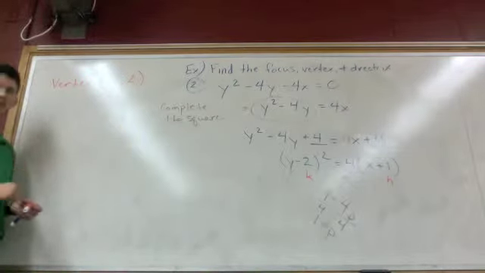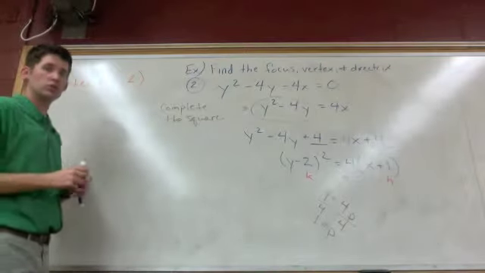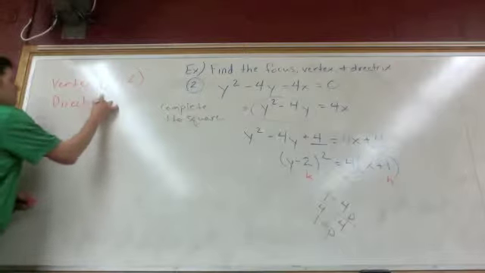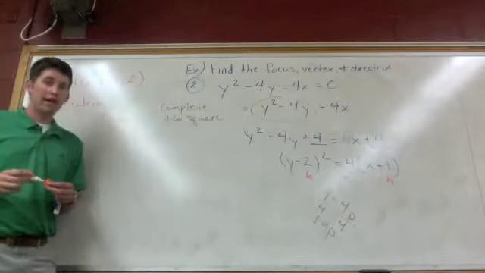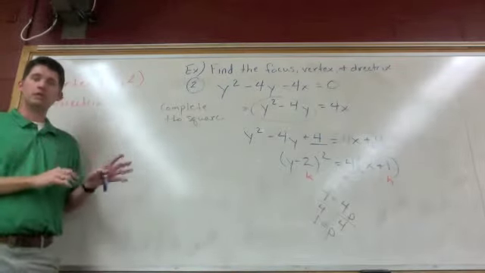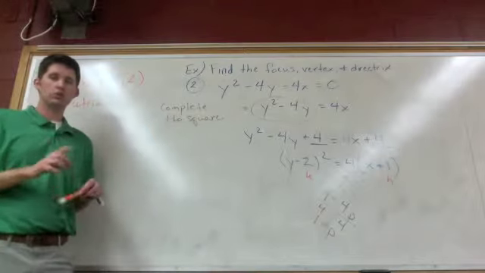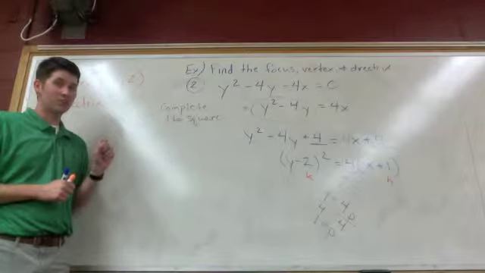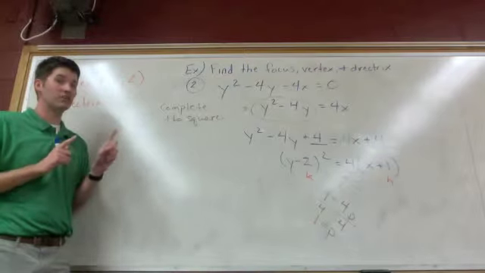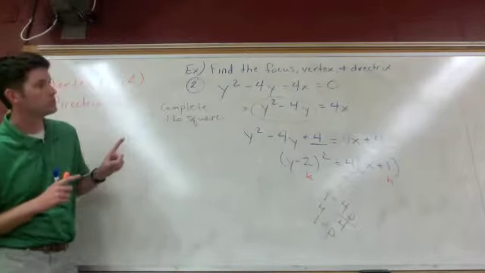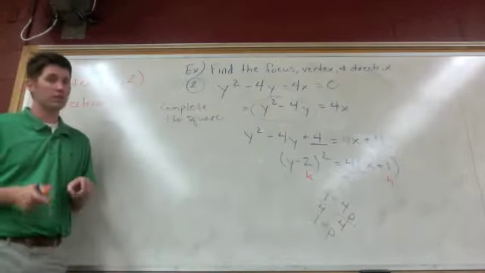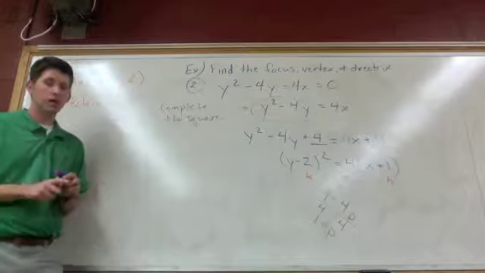Second step, let's go ahead and find the equation for the directrix. Once again, if you look back to your notes from yesterday, we've got a quick and easy form which we can use to find the equation of the directrix. However, since our axis ended up being horizontal in this case, we have to make sure that our directrix is going to be a vertical line. So it's going to have to start with x equals.